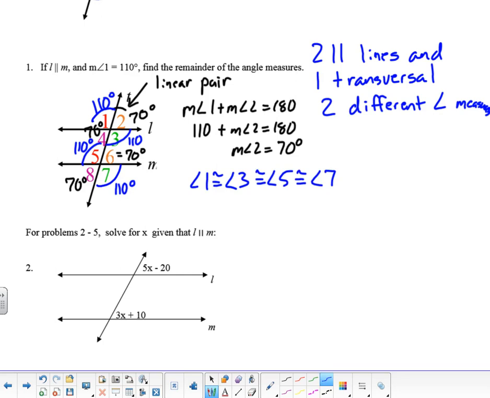And then the other set is that angle 2 is congruent to angle 4, is congruent to angle 6, is congruent to angle 8. And you can think of that a whole number of ways, but recognize linear pairs, recognize vertical angles, and then we start to get into adding in our corresponding and those different types of things as well.